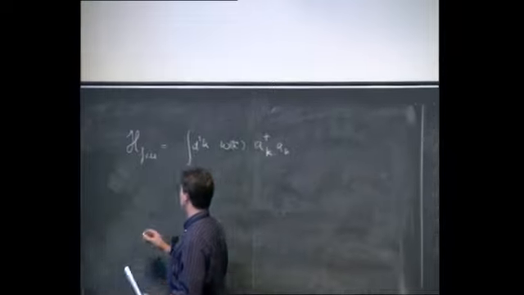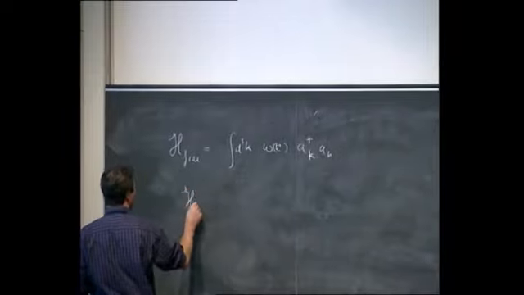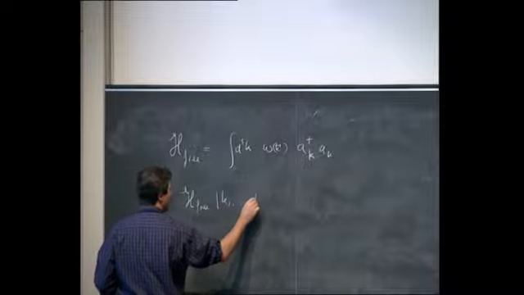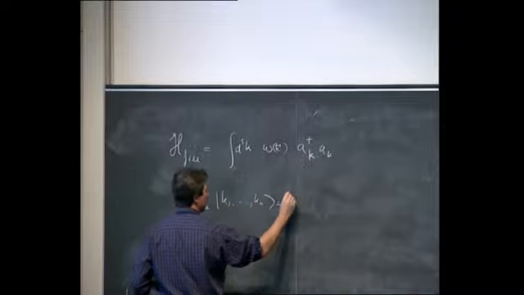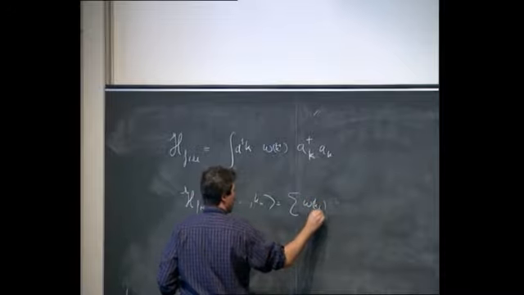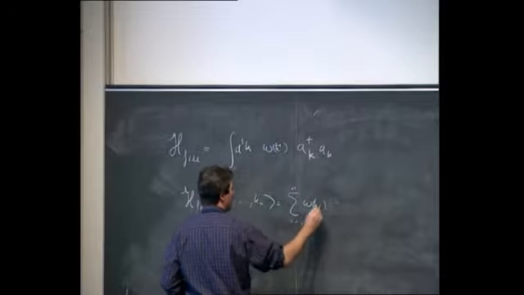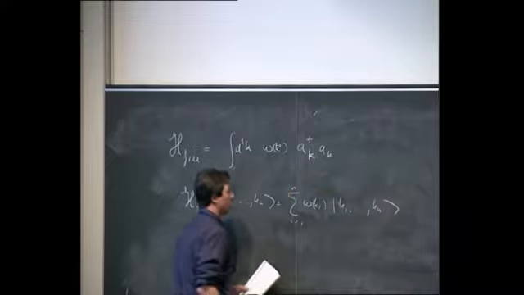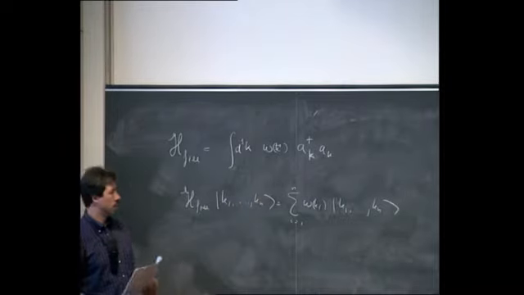And actually, if the free Hamiltonian acts on an n-particle state, it just gives you the sum of the energies of those n-particle states. That's all that the free Hamiltonian does.